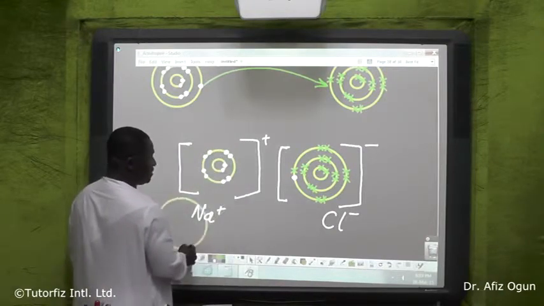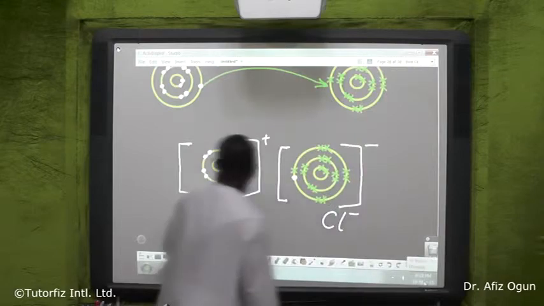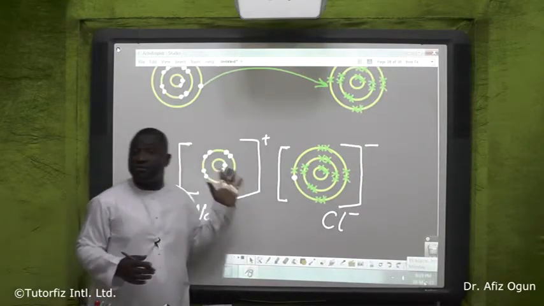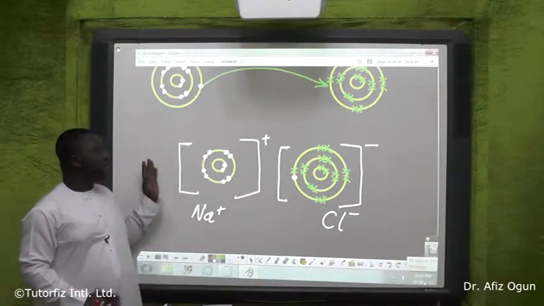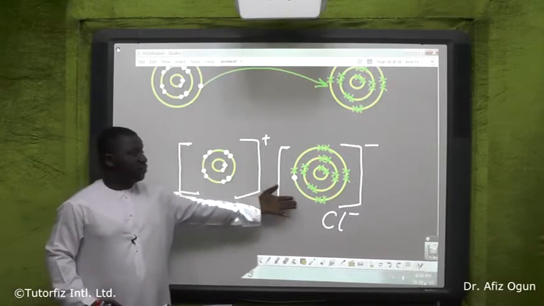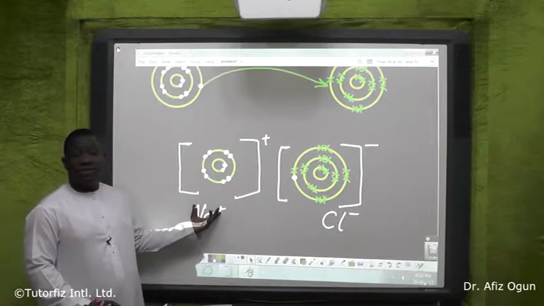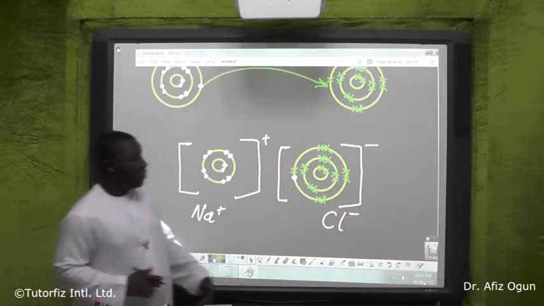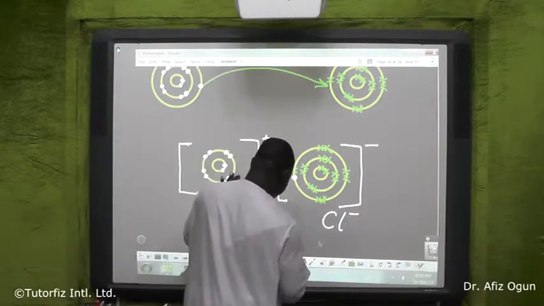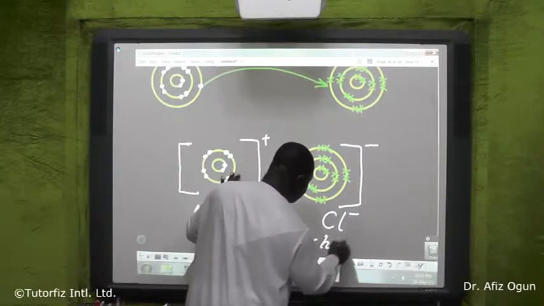If you draw that shell or you don't, it doesn't really matter. So this is 2,8 and that is 2,8,8. So this is ionic bonding. Sodium is satisfied, it's called sodium ion. Chlorine atom becomes satisfied, it is called chloride ion.